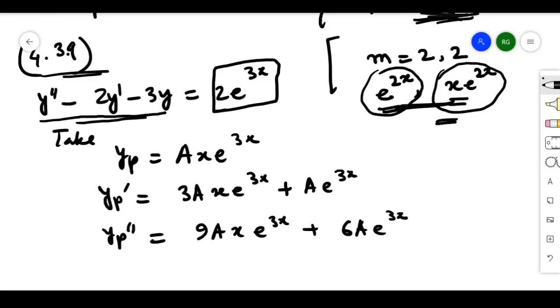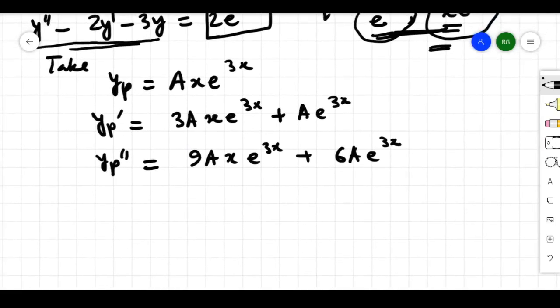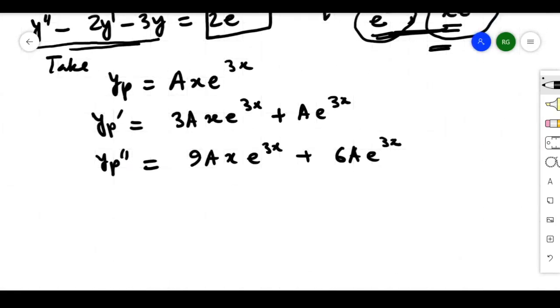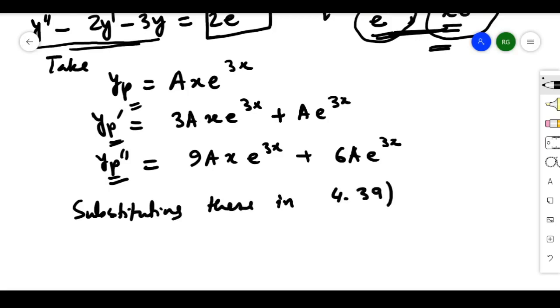Now substituting the expressions for yp double prime, yp prime, yp on the left hand side of the equation 4.39. So substituting this in 4.39, we get, because yp is a solution, yp that is simply a notation.